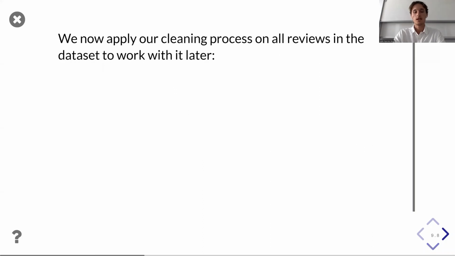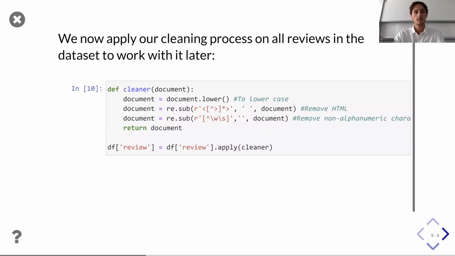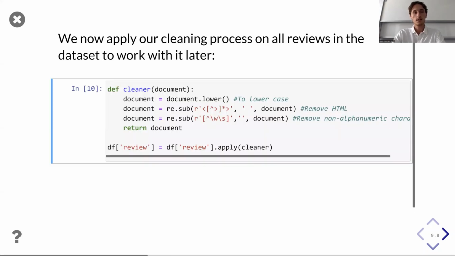Okay, so now we have our different cleaning steps, and I can combine them in a function and then apply this cleaning function to all reviews in our data set, so I can work with it later. So here in this code, I have combined our cleaning steps in our cleaner function.